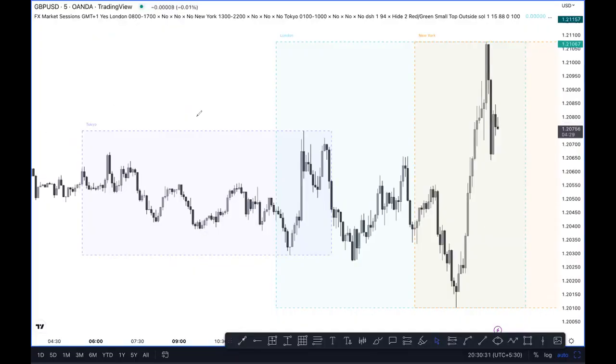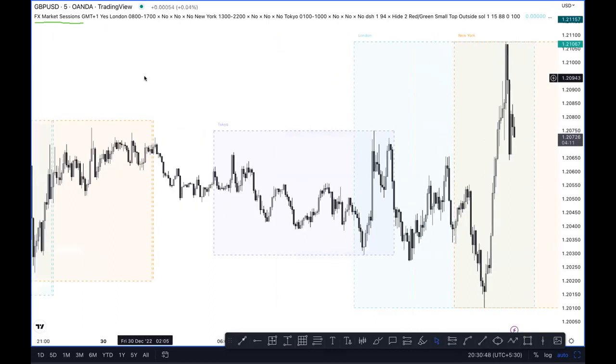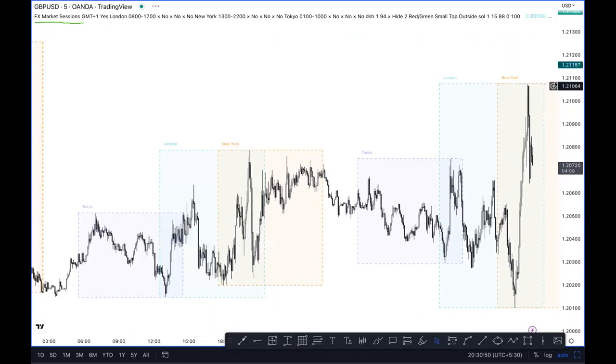Look at this one, right? You can see every session very clearly. You can use this indicator, FX Market Session, right? So this is a free indicator. You can search on TradingView, then you can apply it on your chart.